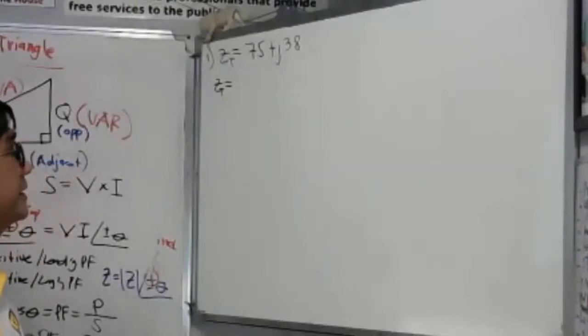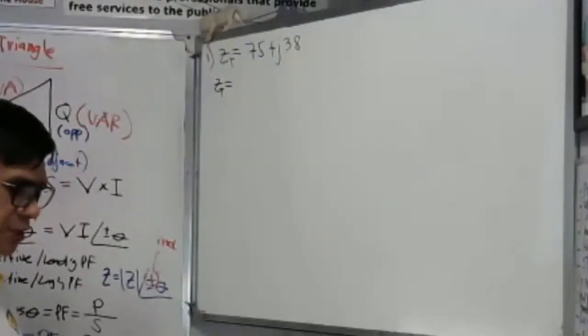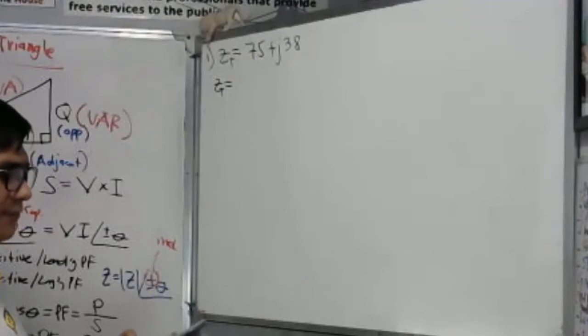Mode 1, then shift plus. We have 75, shift, comma, 38, equals.